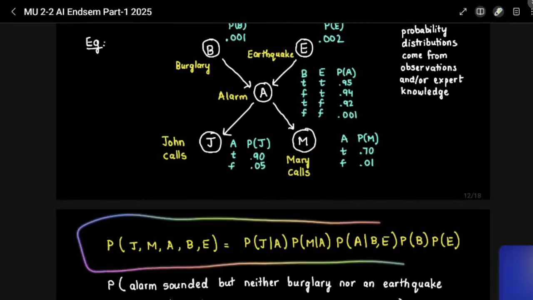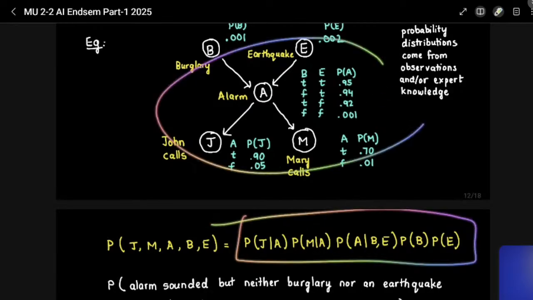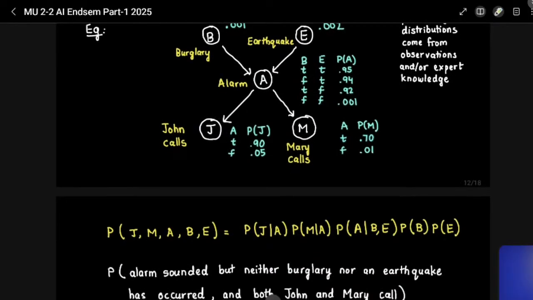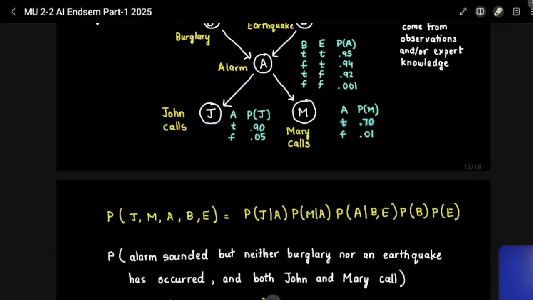Now in this example, we will see how this will be used using this Bayesian network. So there's a question. It's asking us to find the probability of alarm sounding, but then neither burglary nor an earthquake occurred, but both John and Mary called.